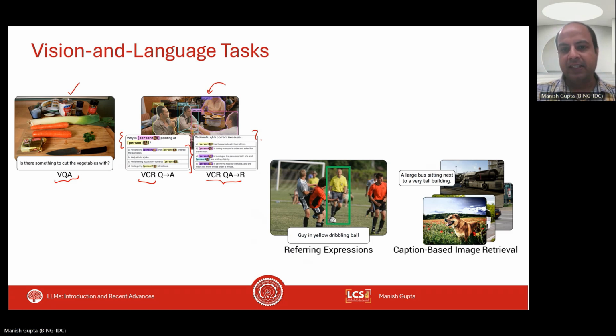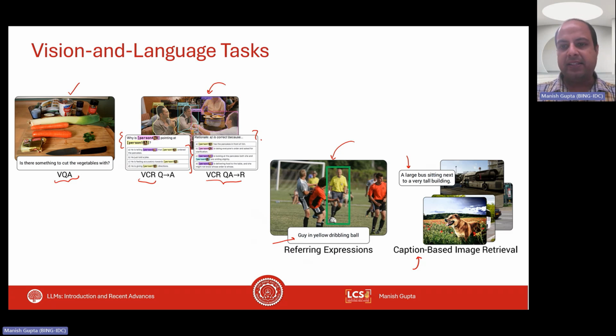Here is yet another task where, given an image and a rectangle, you basically want to choose a piece of text saying, hey, this is guy in yellow dribbling ball, right? Referring expressions task. Yet another task is caption-based image retrieval, where you have a particular text caption and a large bunch of images, and you want to retrieve the most relevant images.